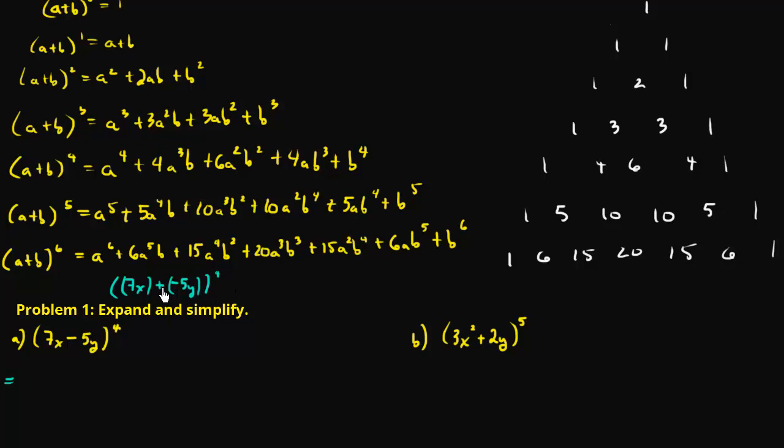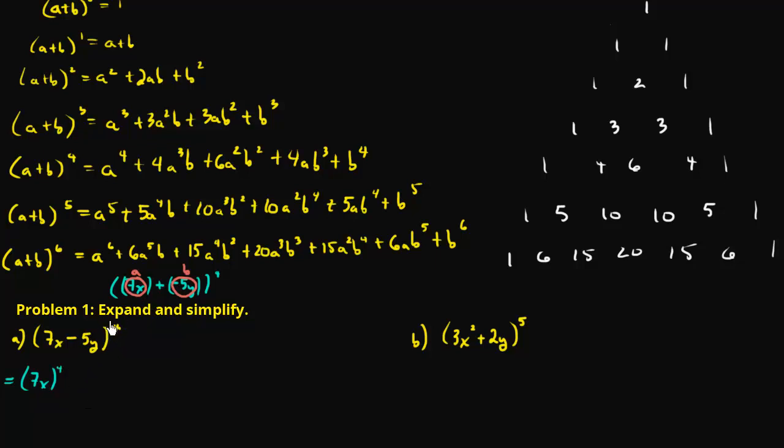Then I can think about raising a plus b to the power of 4, where I think of 7x as a and negative 5y as b. So when I expand this, I would have a to the power of 4, but instead of a, I've got 7x. So I would have 7x to the power of 4.